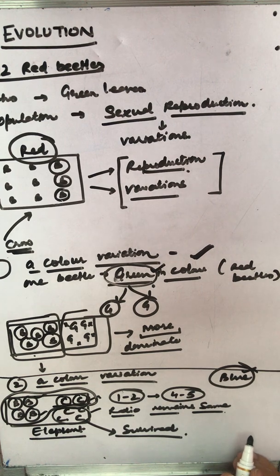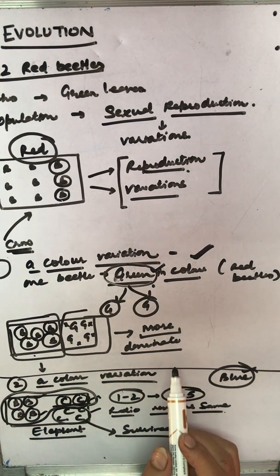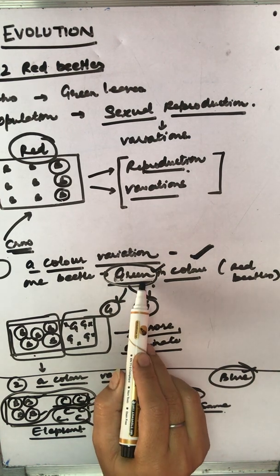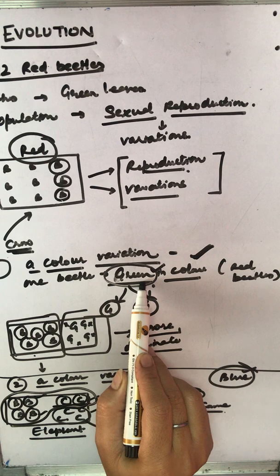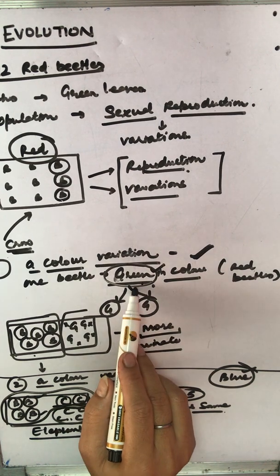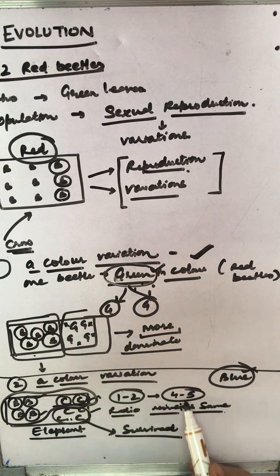How? These two obviously came up as a common characteristic in the population. This one, due to its color, is not picked up by the crow, and this one survived when the elephant stamped over. So this is the survival advantage. Clear? Here it is natural selection by predation by the crow, and here it is accidental survival.